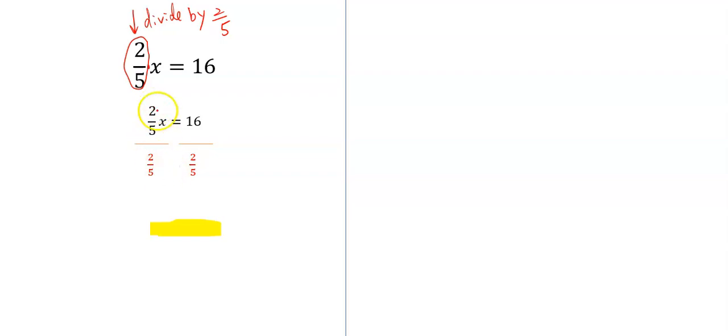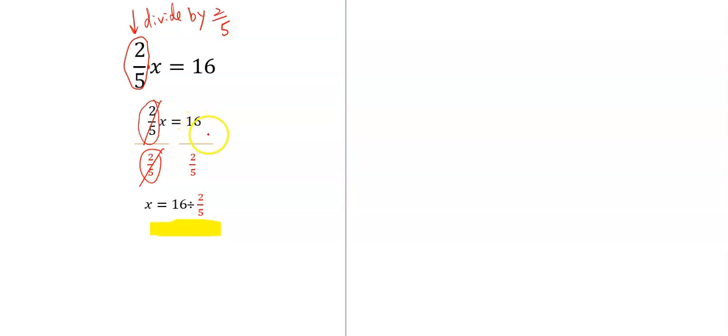When you do this, it looks kind of complicated because it's a complex fraction, a fraction in the fraction. But if you understand this is a fraction divided by another fraction, any number divided by itself cancels out. So they will be canceled altogether, and you will get just the x on the left hand side.